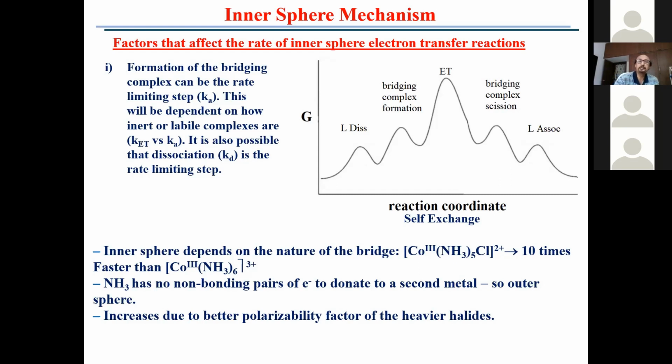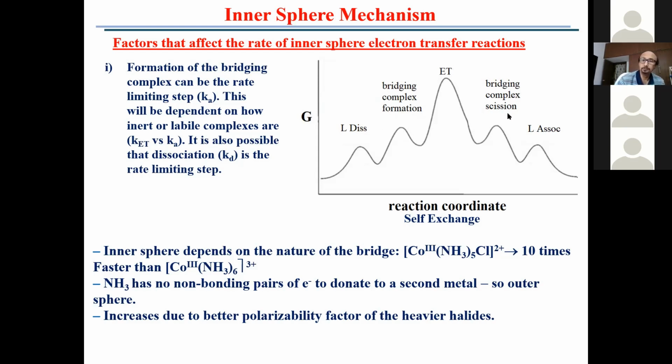Now, how many stages are there here? If you look at the inner sphere process, first is the L dissociation, which we have shown. Then the bridging complex formation. L would be dissociating from one of the reactants. Then the bridged compound would be formed, and then electron transfer would take place.